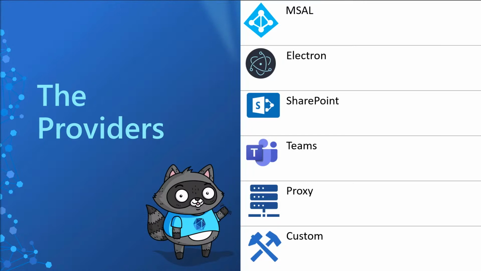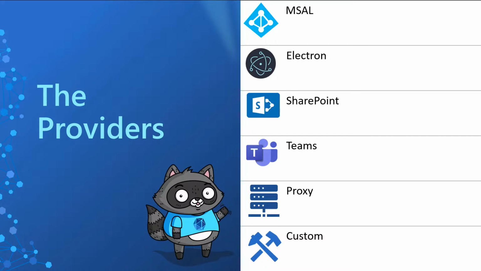And on top of all these, recently we just created the Electron provider to help people build cross-platform applications if you wanted to enable some of the native capabilities, such as Windows notifications or changing your desktop background, so fun things like that. And we also have two more at the bottom. Proxy and custom enable people who already have their own ways of handling the authentication behind the scenes, and you can just enable a proxy provider or build your own custom provider in order to use the Microsoft Graph Toolkit.